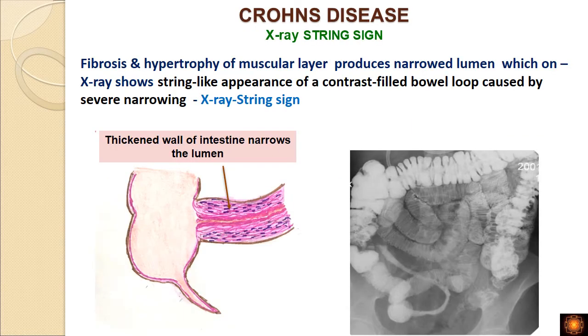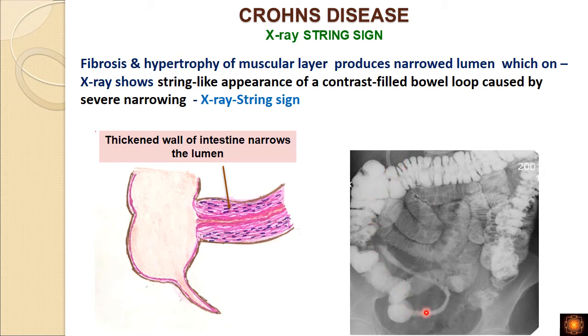Another important thing is, when we see the small intestine, as I have described, there will be an increase in thickness because of the hypertrophy of the muscle. So when the thickness is increased, obviously the lumen of the intestine is reduced. The same thing we see in the X-ray, the barium meal. This is the X-ray, and you see this is the large intestine, and this is the small intestine.